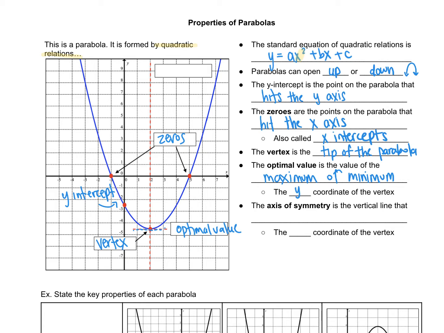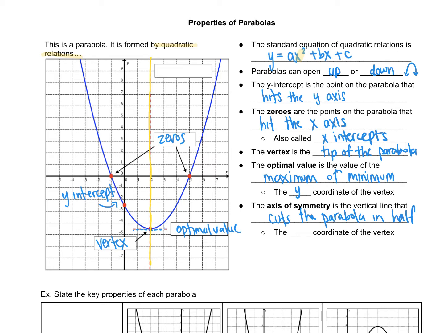And then our axis of symmetry is the vertical line that cuts the parabola in half. Because a parabola has symmetry, so that axis of symmetry cuts it in half. So if we look at this line here, it passes through 2 on the x-axis.